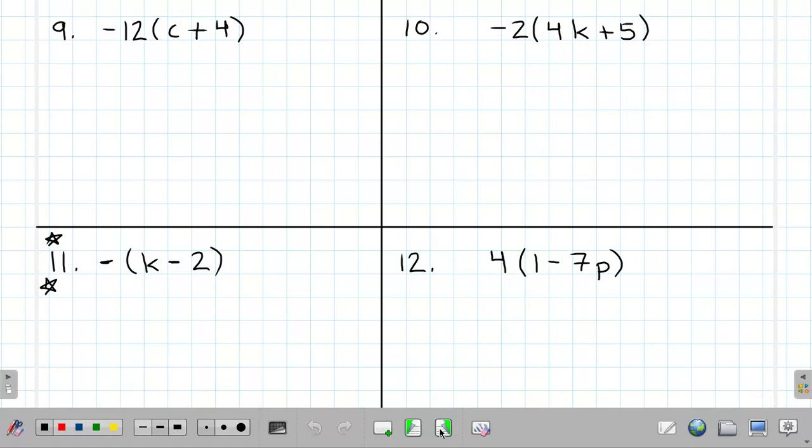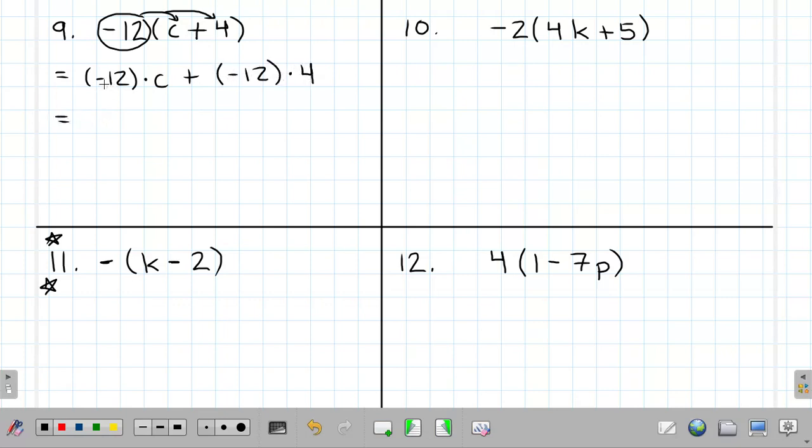Number 9, I'm going a little bit quicker as we go along here because every single one of these works the same. You just got to pay attention and remember how to deal with your negatives. We got a negative in this case, but everything inside here is positive, so that makes it pretty easy. Negative 12 times c plus, since it's plus here, negative 12 times 4.